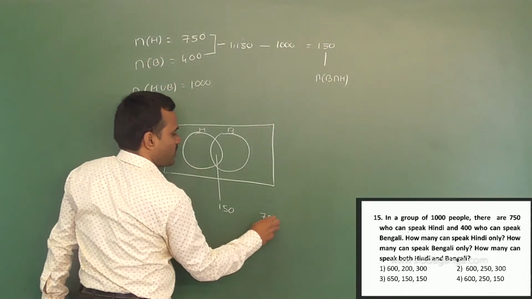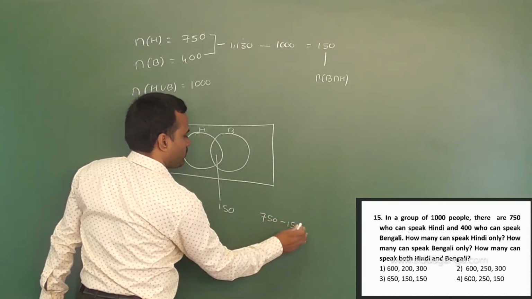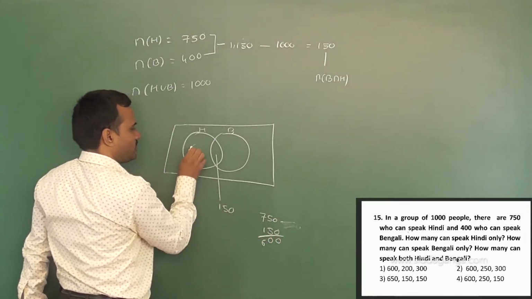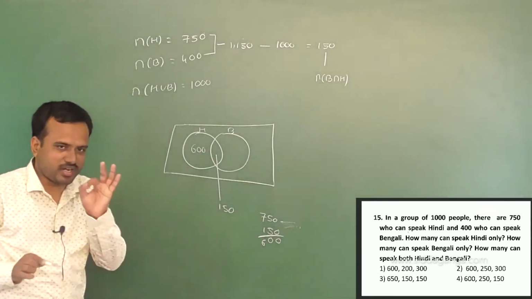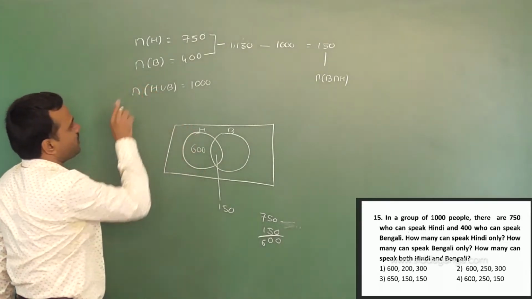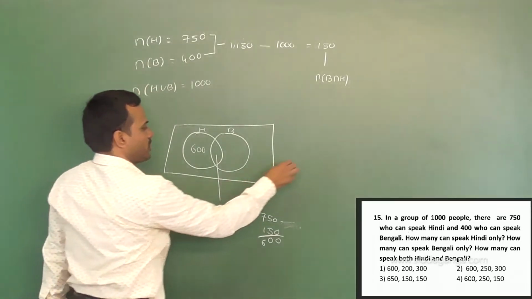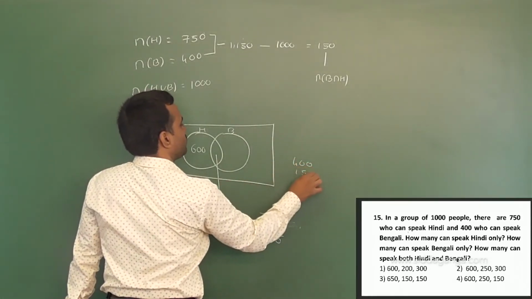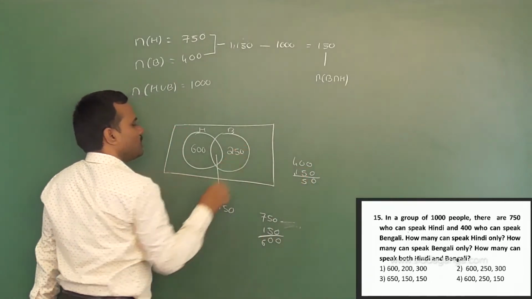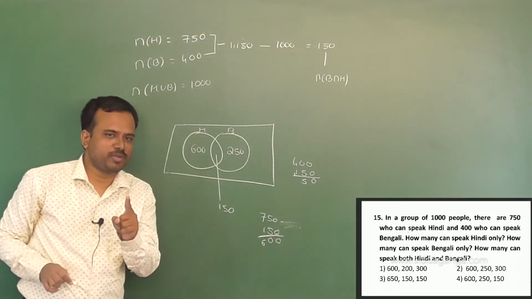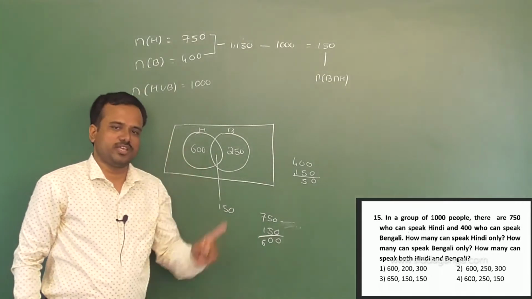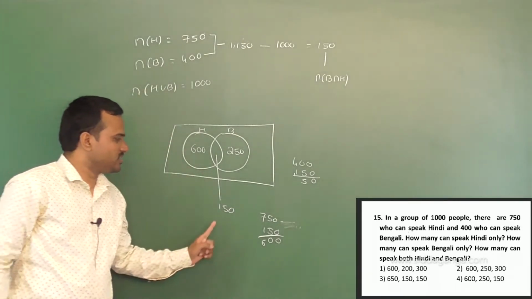So 750 minus 150 is 600. 600 people can speak only Hindi. The number of people who can speak Bengali is 400. 400 minus 150 is 250. 250 people can speak only Bengali. 600 people can speak only Hindi. Both Hindi and Bengali are 150.